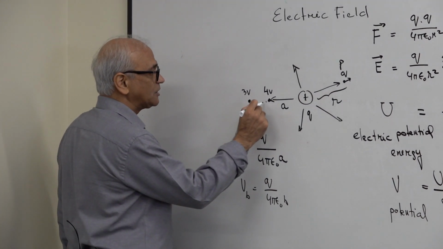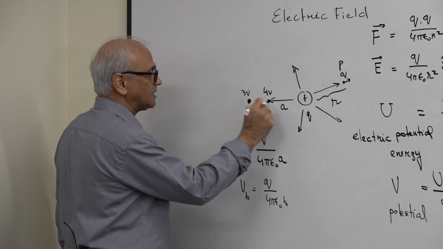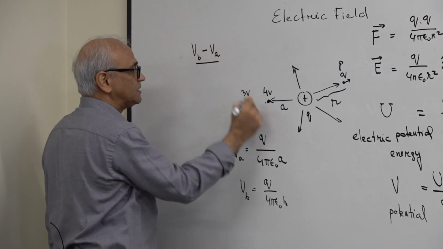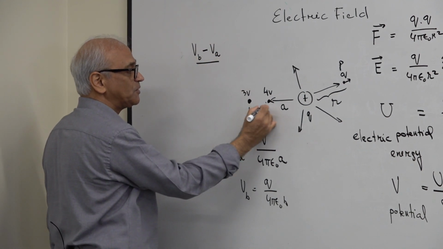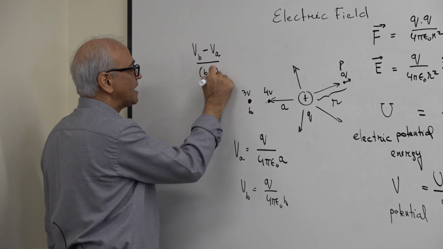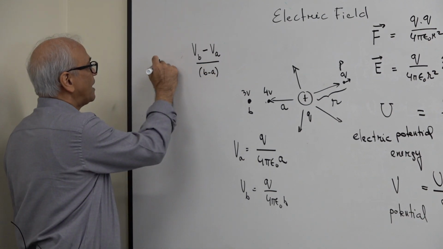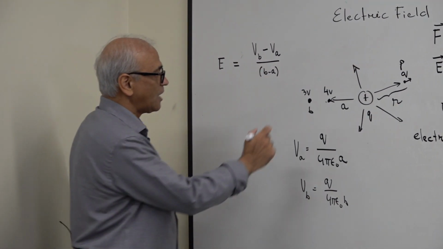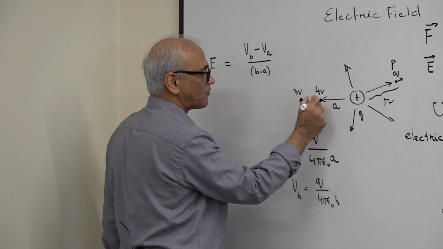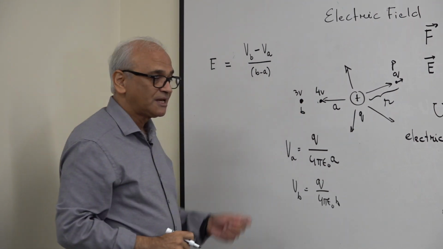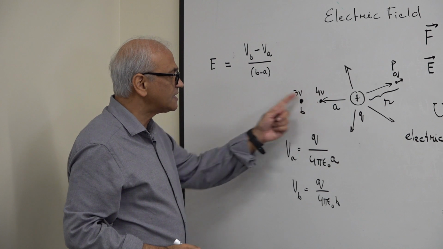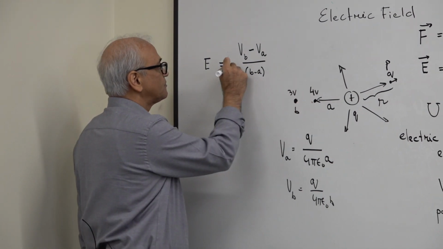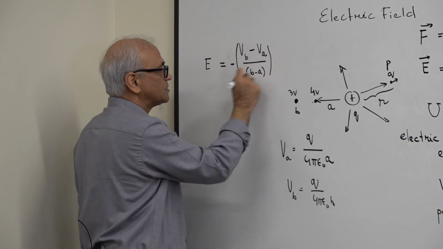So what I know right away is that if I simply do VB minus VA divided by the distance between them, which is B minus A, that would be my electric field. The only difference is that the electric field direction is going from right to left, and the electric field will gradually drop, of course, but it's not in the negative direction, so I just have to put a negative sign in front, which is all right.